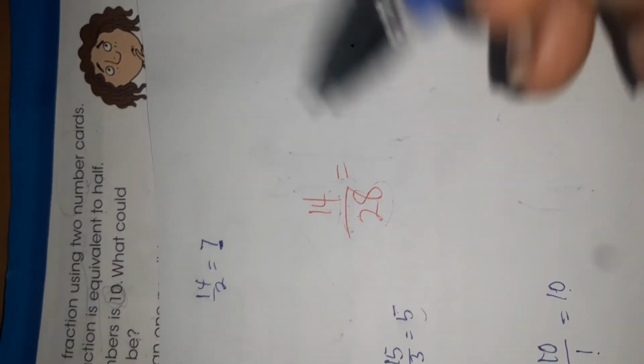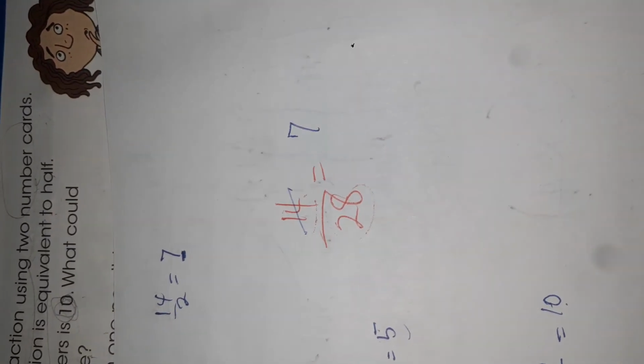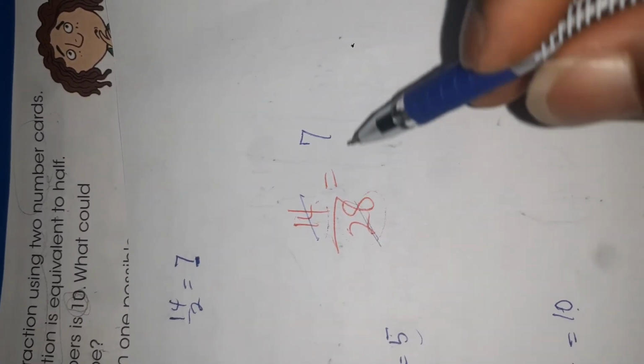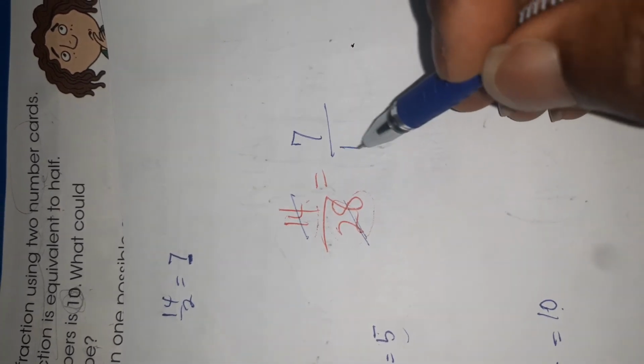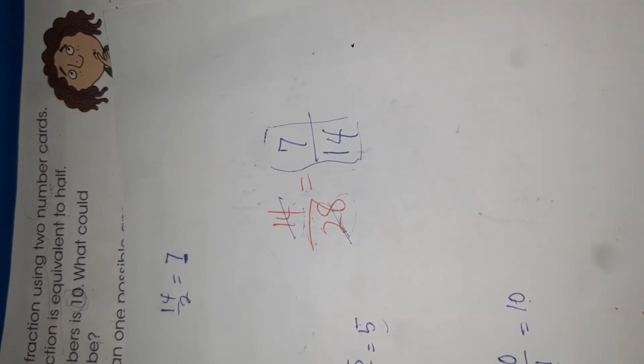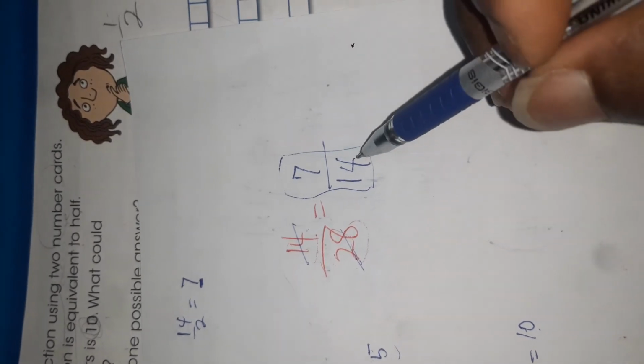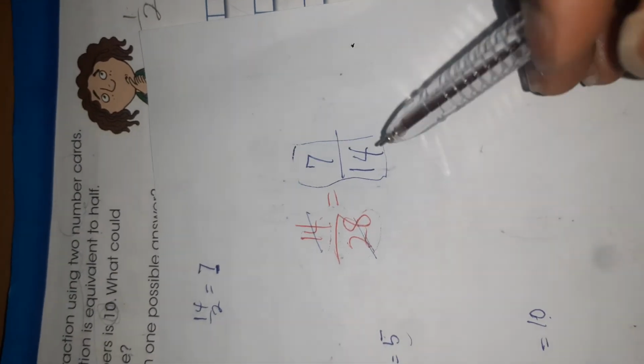Okay, so let's start. 2 can divide 14 7 times, and 2 can divide 28 how many times? 14 times. Now this is not the simplest form. Simplest form means you can no longer divide any longer. Can 2 divide this?